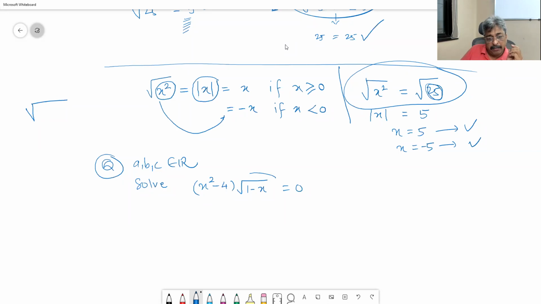However, in the problem, if we have got a radical sign, it means 1 minus x is greater than or equal to 0.